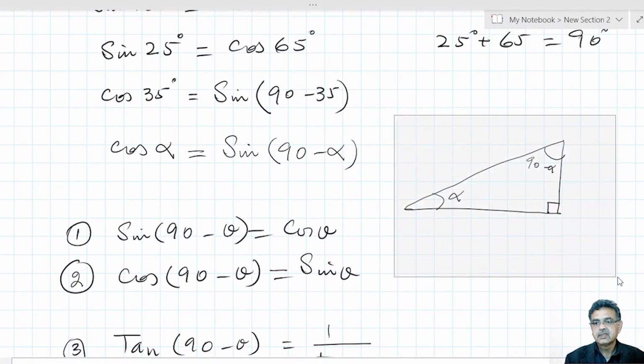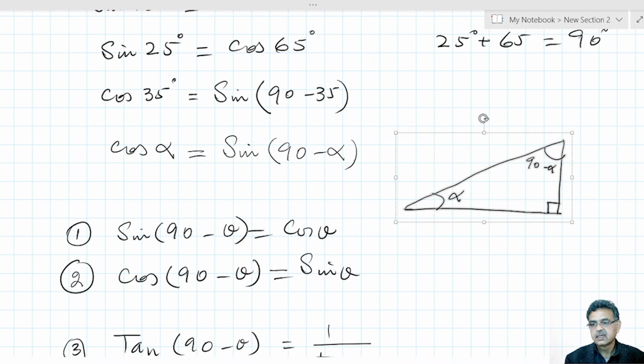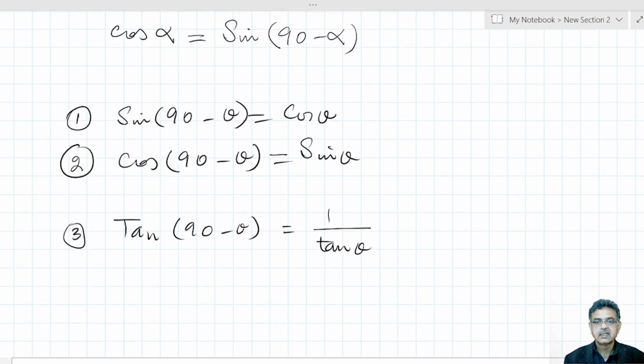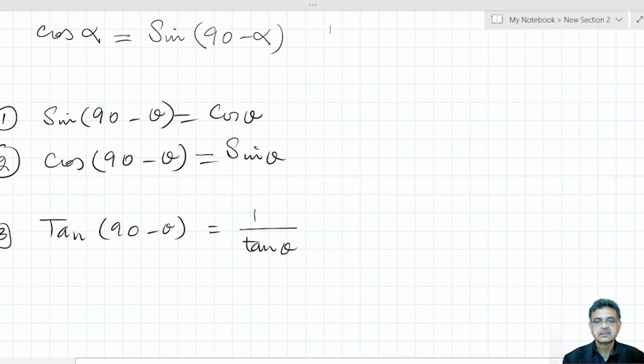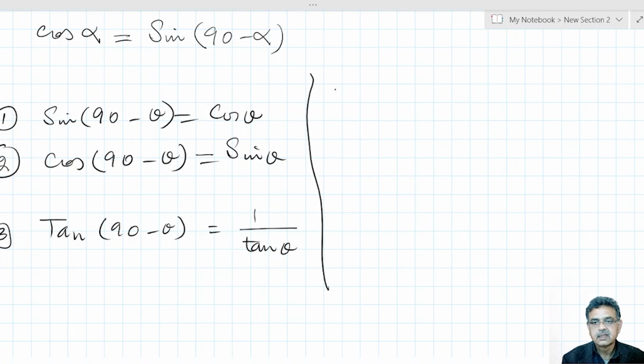And one more thing I add to it: if the angles are in terms of radians, you know that 90 degrees is equal to pi over 2 radians.